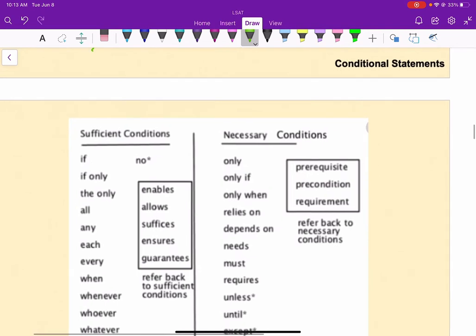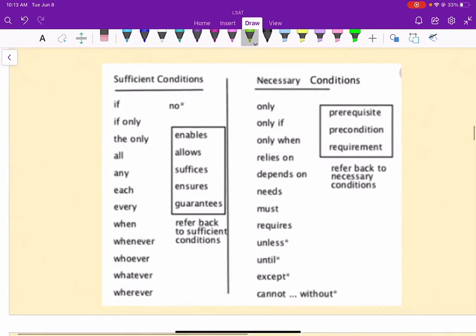Fabulous. So what makes sufficient and necessary conditions challenging is that not all of the statements start with "if." It can also start with some common ones: all, any, each. So if I said something like, any person that goes to the gym will feel better, I'm saying any person, right?